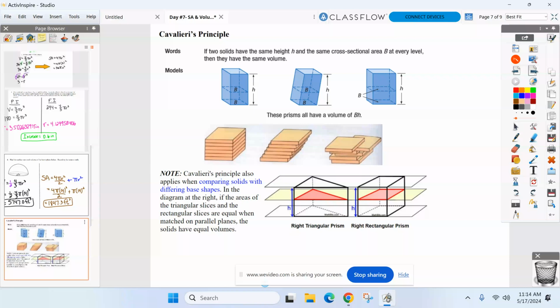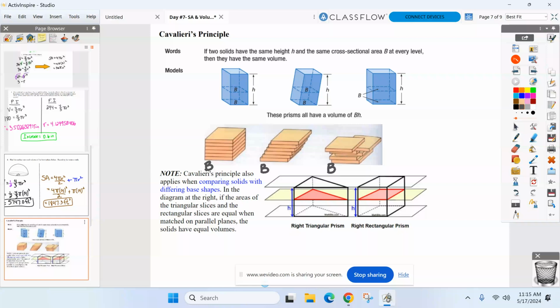Here's why. And this is what Cavalieri's principle is saying. As long as their bases have the same area, so remember that's capital B for us, which they do because they're all the same pizza boxes, right? Everyone agree? Their base area would be the same, and as long as they have the same heights.